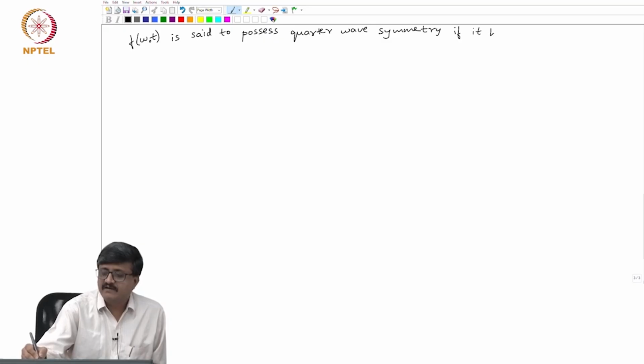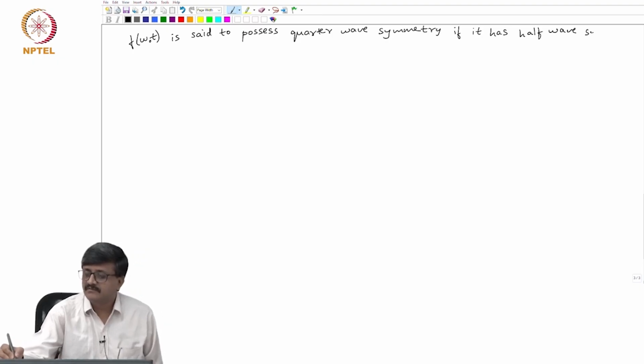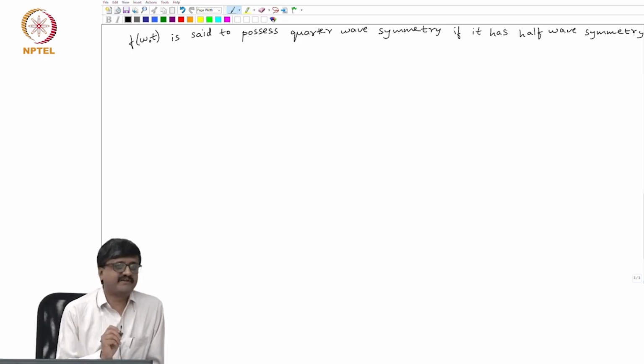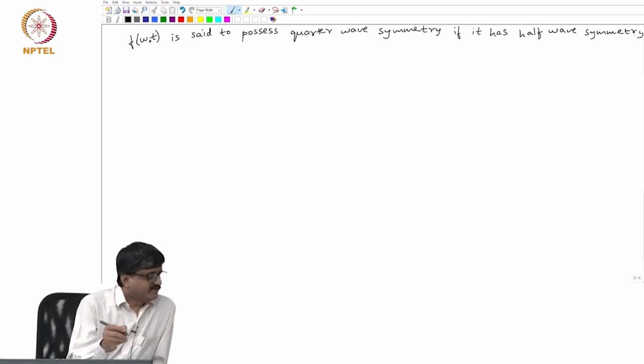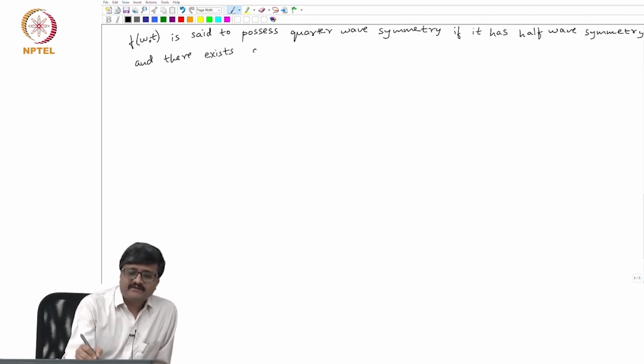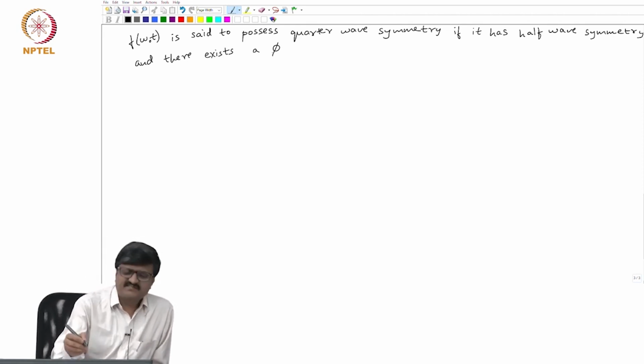it has half wave symmetry, and I put one more condition so that it has quarter wave symmetry in addition to half wave symmetry, and there exists a phi, some real number, such that.